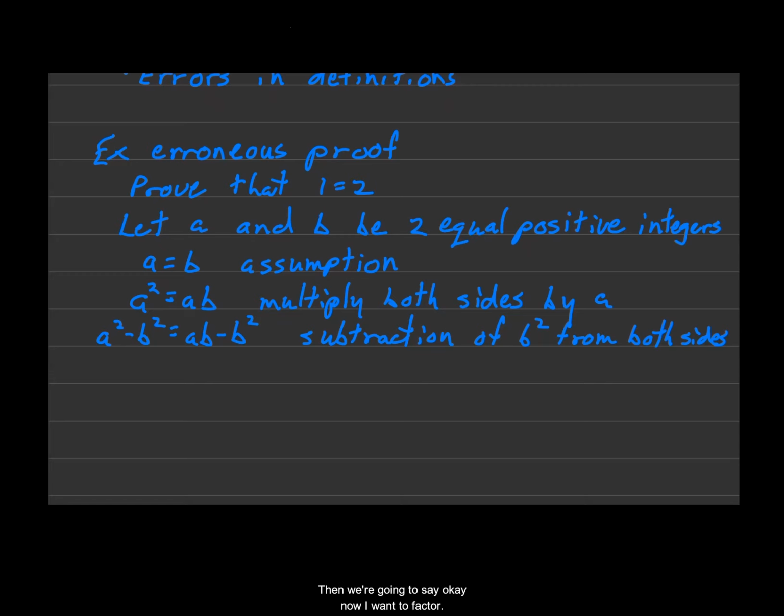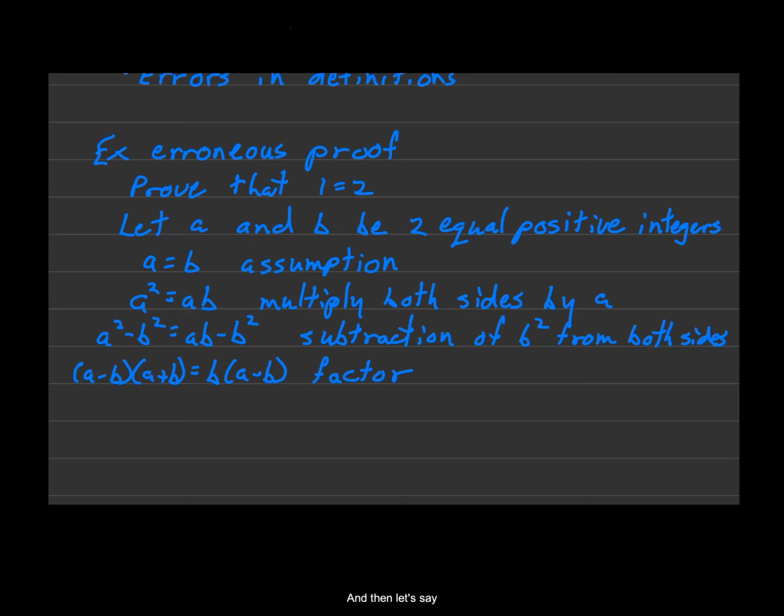Then we're going to say, okay, now I want to factor, so I'll come up with (A minus B)(A plus B) as our factor on the left-hand side, and I have B times (A minus B) on the right side. Reason being is simply factor.